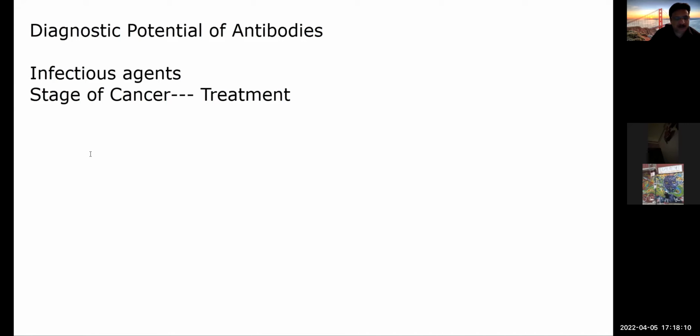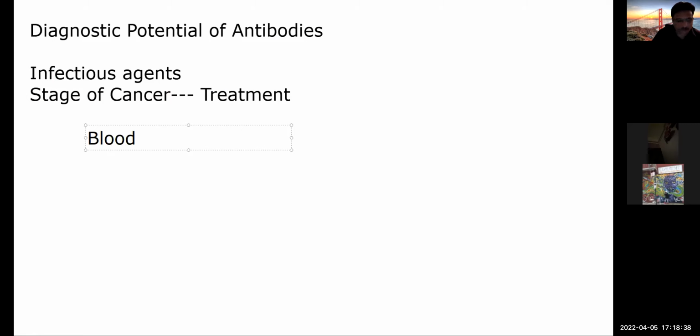How could the antibody be useful? For the sake of understanding, let's say we want to see whether COVID-19 is in our blood or not.